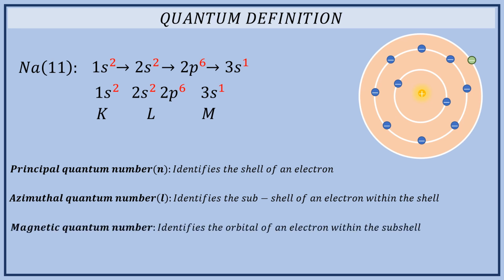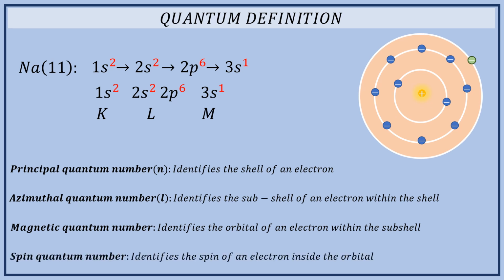Third one is magnetic quantum number, which identifies the orbital of an electron within the subshell. And finally, we have a spin quantum number, which identifies the spin of an electron inside the orbital.